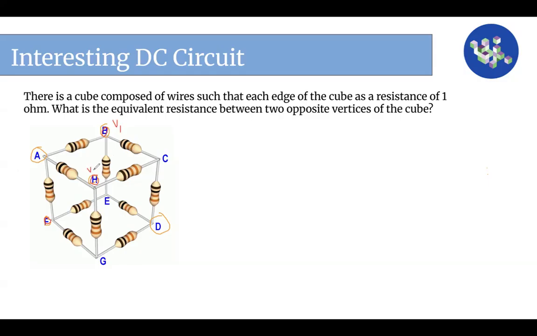You can call it V1. And with similar reasoning, C, E, and G will all have the same potential. We can call that V2. That's the first observation.